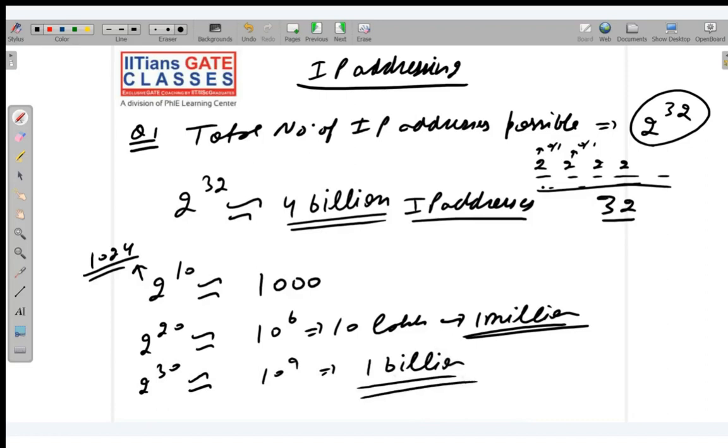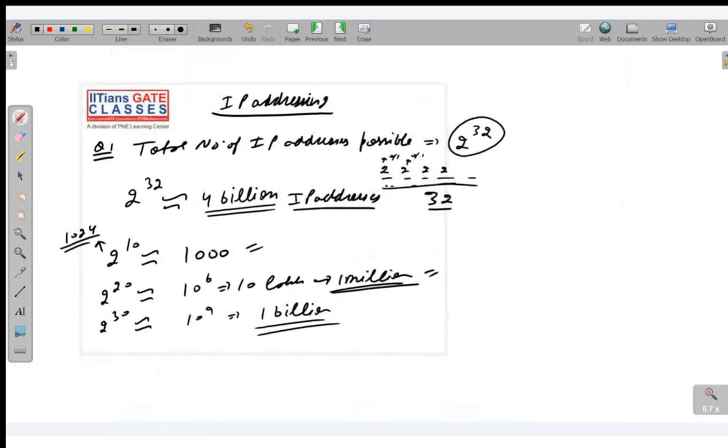You should know this terminology. 2 power 10 is 1000, 2 power 20 is 10 to the power 6, that is 1 million, 2 power 30 is 10 to the power 9, that is 1 billion. If you try to remember, you can say like this, even I used to remember like this: 1000 makes a million, 1000 million makes a billion.